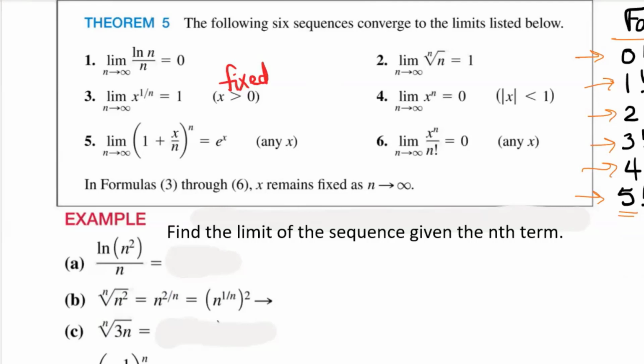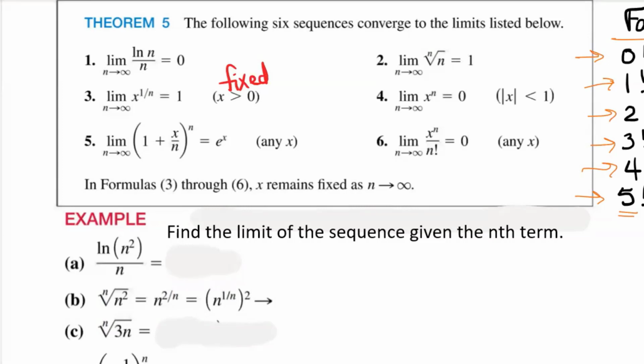Which of the 6 rules does that appear to be related to? Part A there, which of the 6 rules does it look related to?